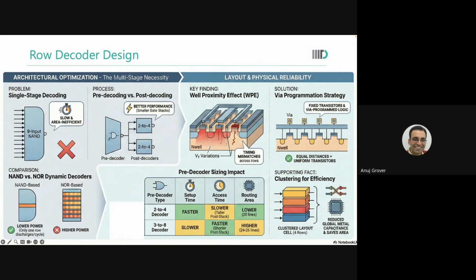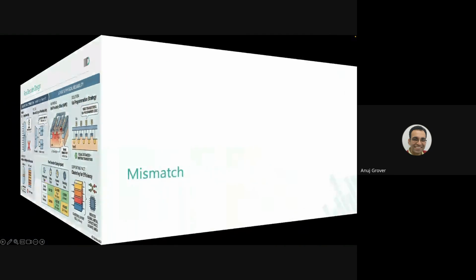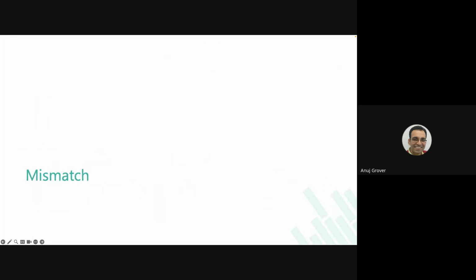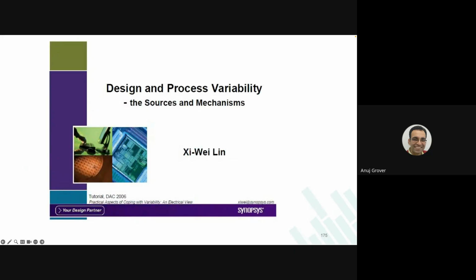So after that, we had started with mismatch. What is mismatch? Variations on silicon that can cause the same... So in layman's language, you wanted two things to be designed and to operate in exactly the same manner.